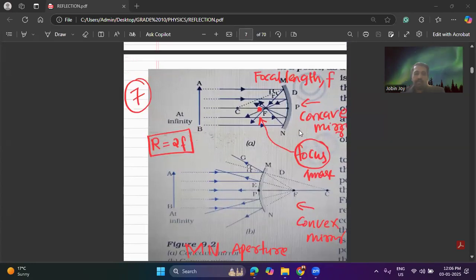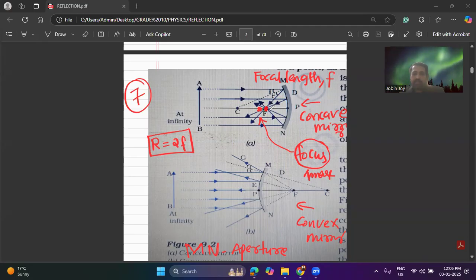So the point is that where the incident ray and the reflected ray meet, you will get the image here.